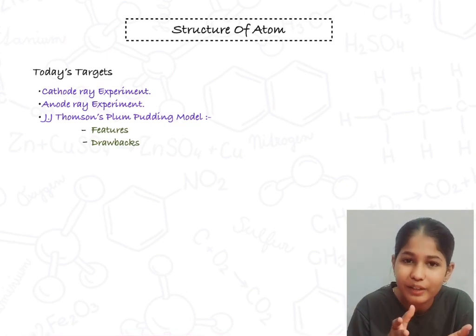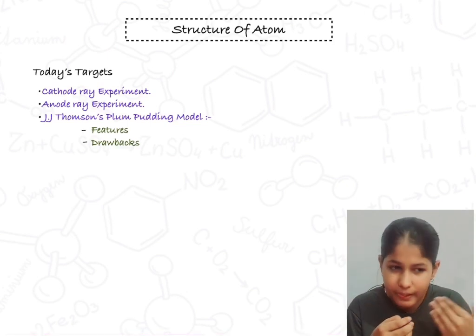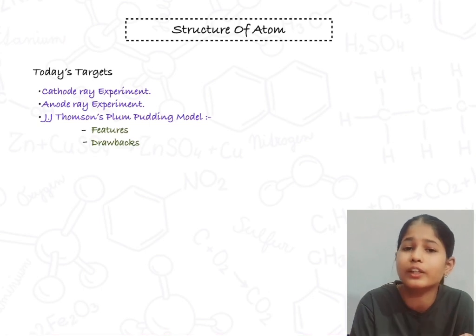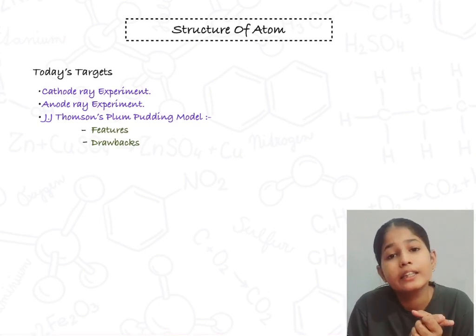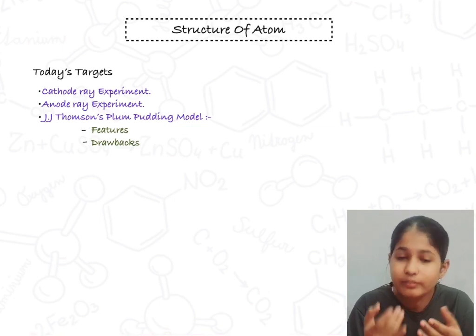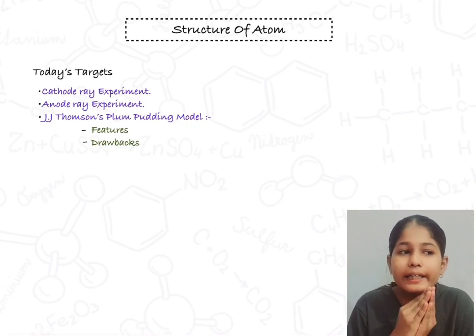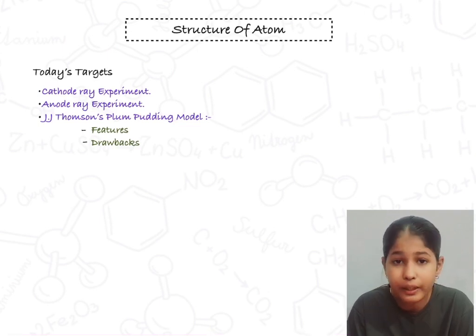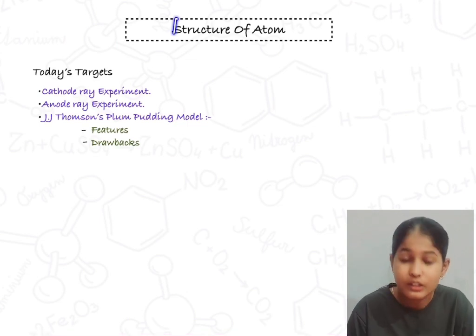But after some time, some scientists came and gave their own theories, which proved the Bohr model wrong, and many scientists found that there are also some drawbacks in Bohr's model. So this is what we are going to talk about in this whole chapter.